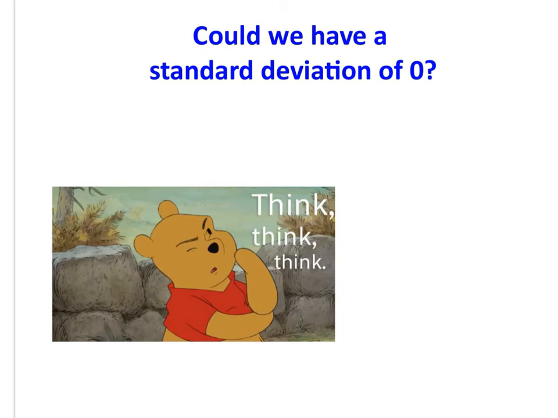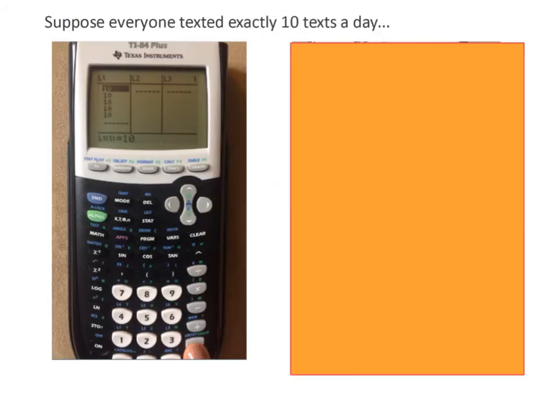So think about, could we have a standard deviation of 0? Could we have a standard deviation or a spread of 0? Take a minute to think about how could that happen. So suppose everyone texted exactly 10 times a day. So to have a spread of 0, that would be for all of my numbers to be the exact same.